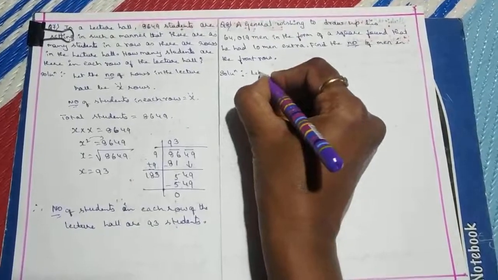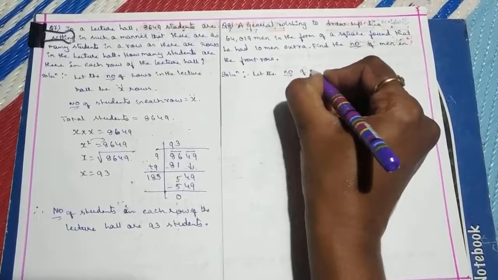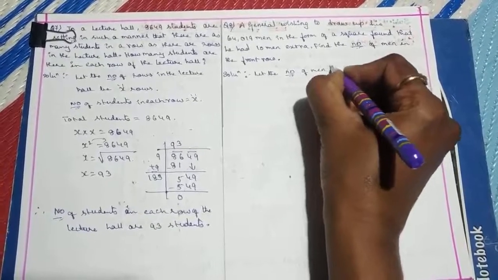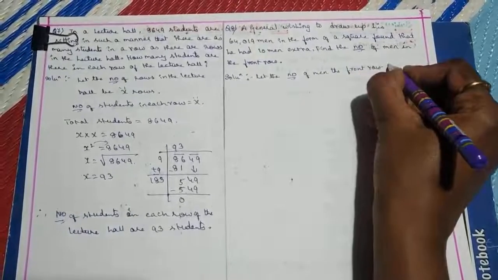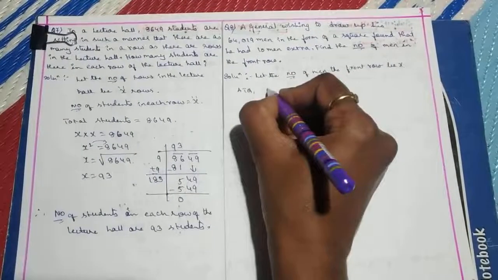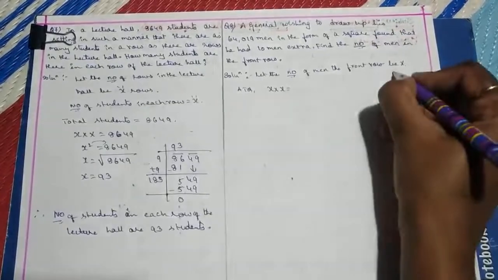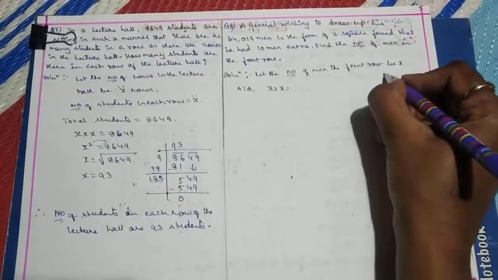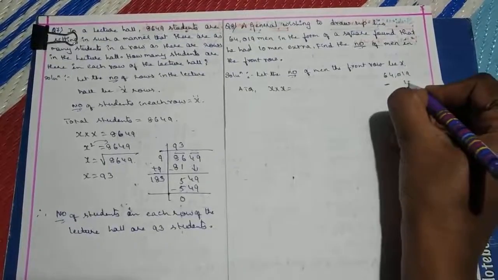So let the number of men in the front row be x. Then according to the question, x into x equals the total number of men used, 64,019, minus the 10 we have to remove.